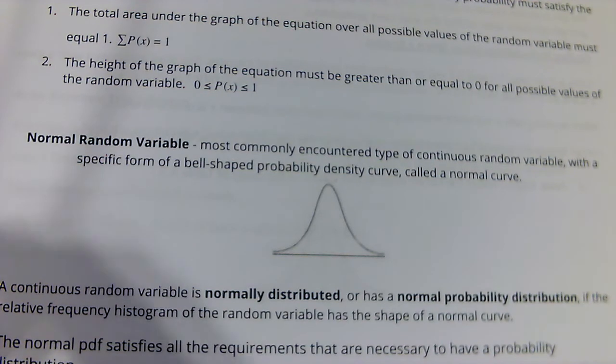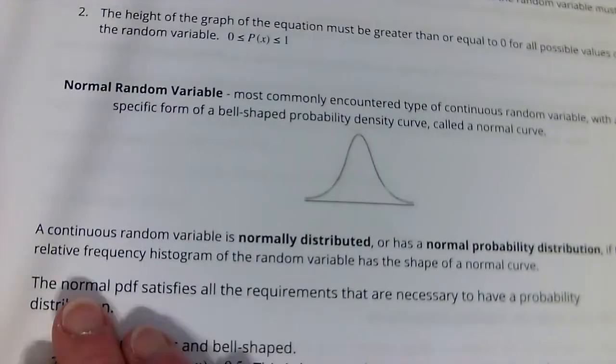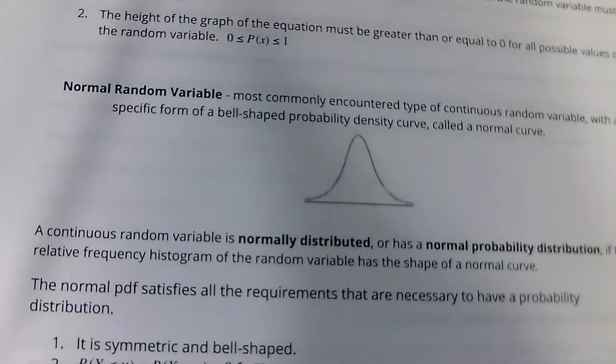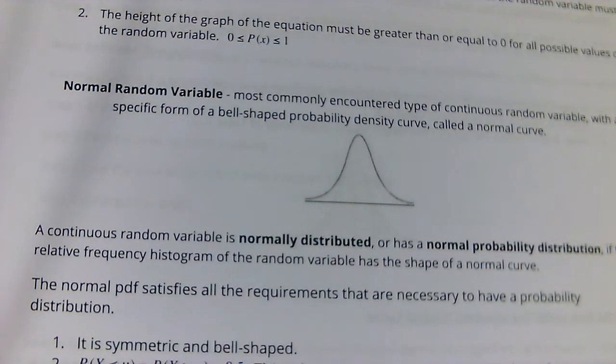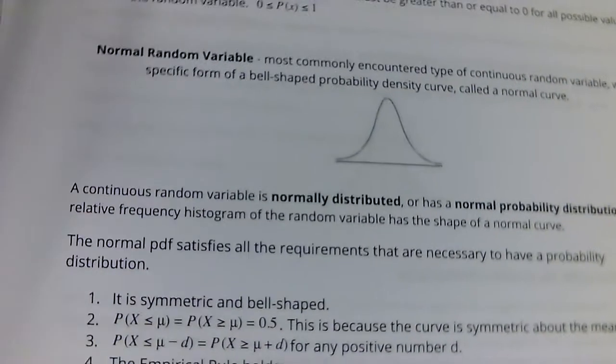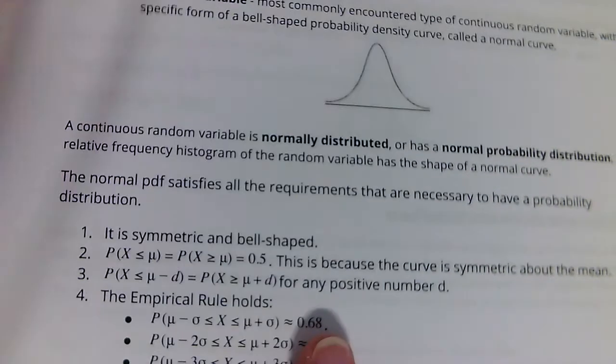We call it normally distributed, normal probability distribution. So we have this normal PDF, normal probability density function. So it has to have this perfect bell shape.